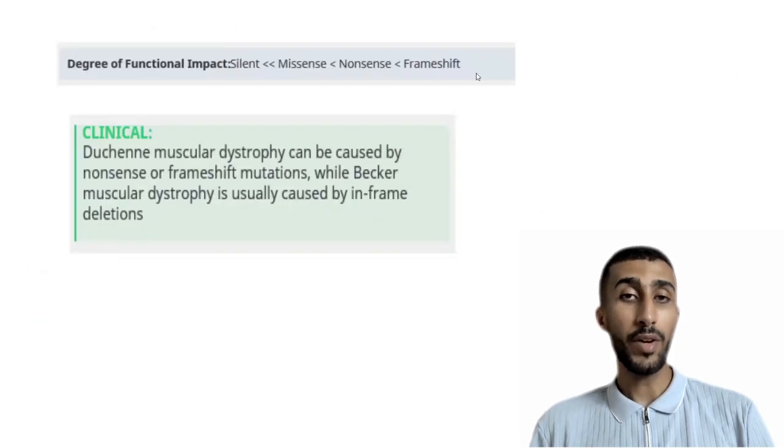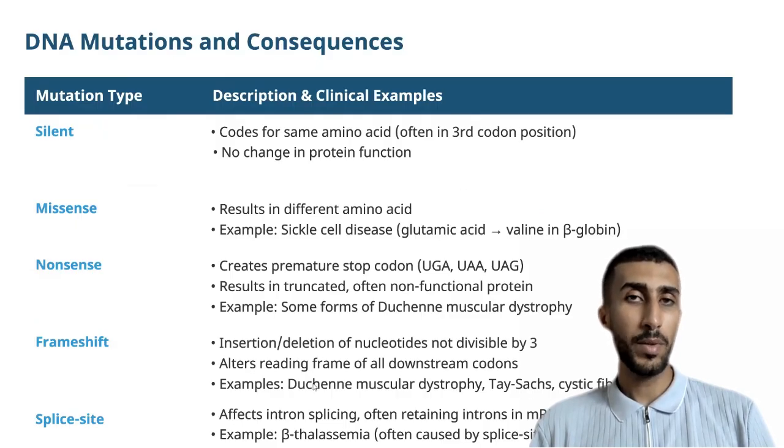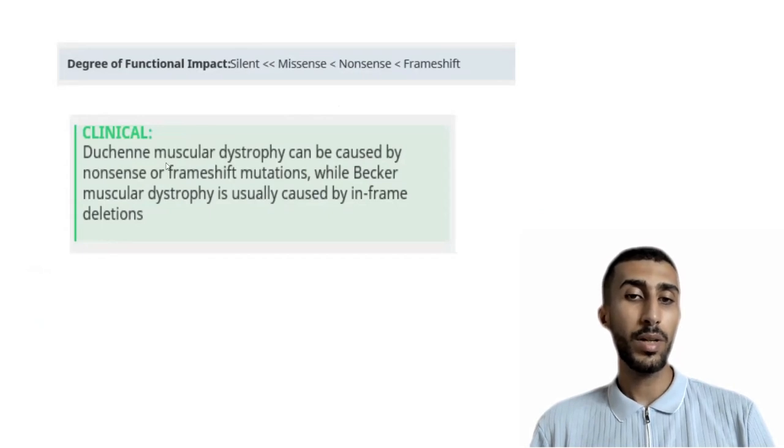And the next is the frame shift mutation, the most dangerous because it affects all consequently synthesized amino acids. Examples: Duchenne muscular dystrophy, Tay-Sachs disease, and cystic fibrosis. Duchenne muscular dystrophy, again, can be caused by nonsense or frame shift mutation, while Becker muscular dystrophy is caused by something else called in-frame deletions.